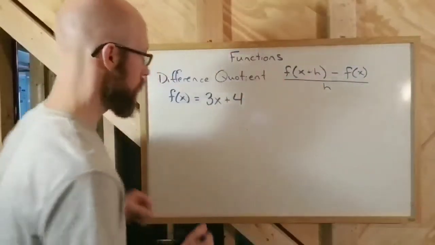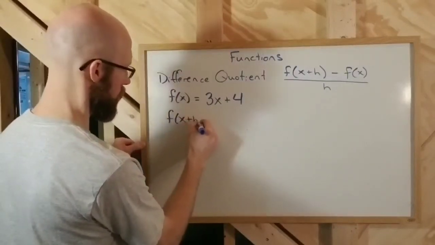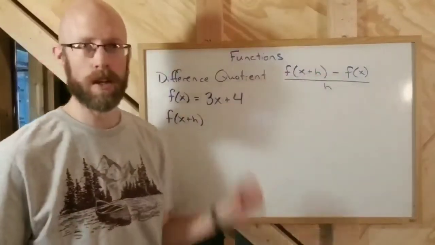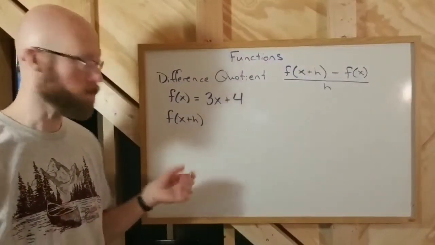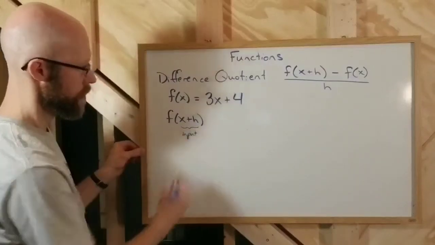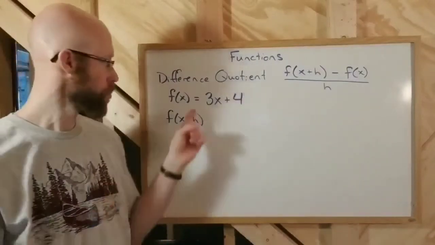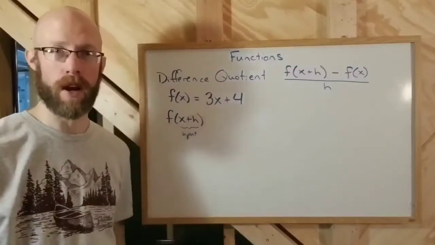So I'm going to start off by finding f of x plus h. That's the first chunk in the difference quotient. Well, f of x plus h, all that means is that the x plus h is your input. That expression replaces the original x. Whatever's in the parentheses goes in for x.